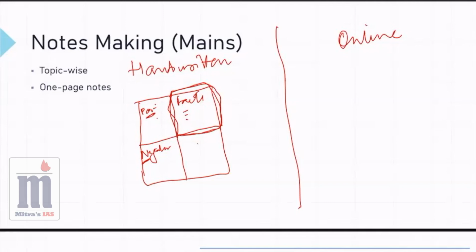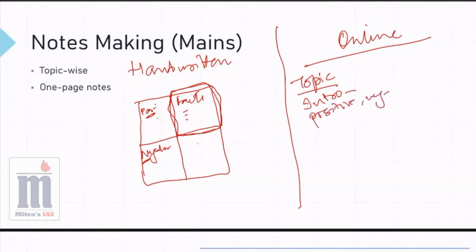Okay. In online notes also, what you can include for a topic, try to figure out these areas: introduction, various views like positive, negative, pros, cons, then government schemes, or if there is any international model like these.